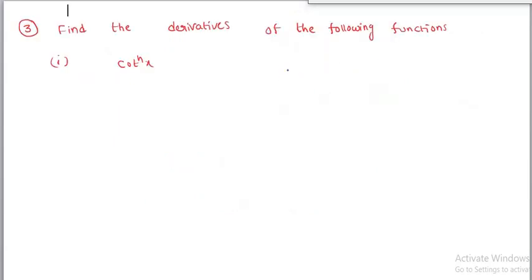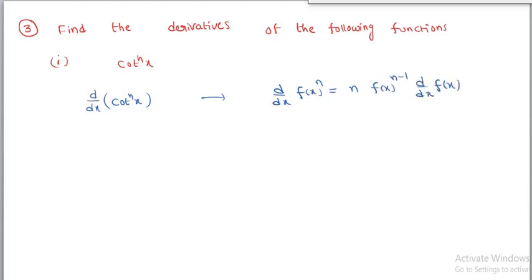So find the derivatives of the following functions: d by dx of cot to the power n of x. The formula is d by dx of f of x to the power n equals n times f of x to the power n minus 1, times d by dx of f of x.